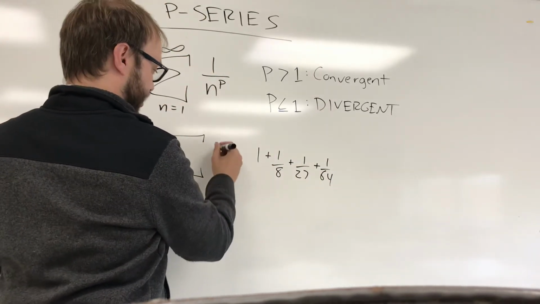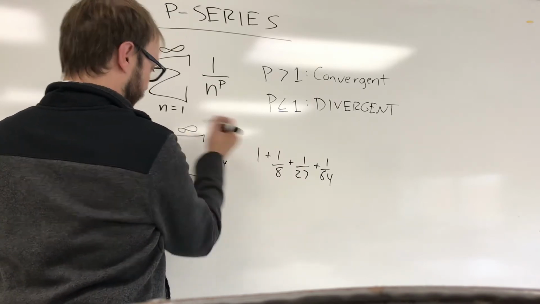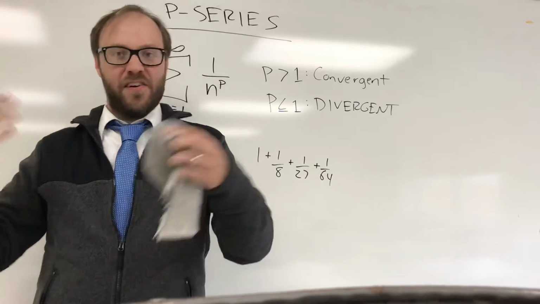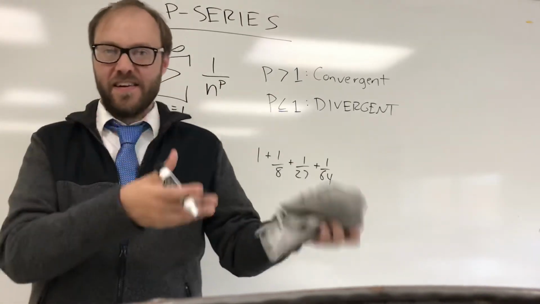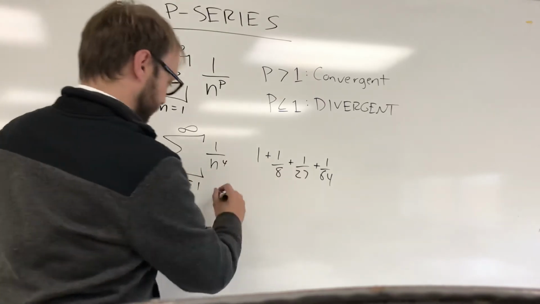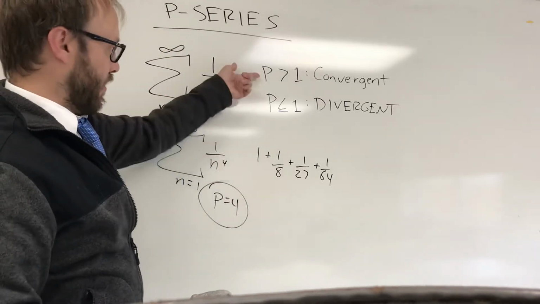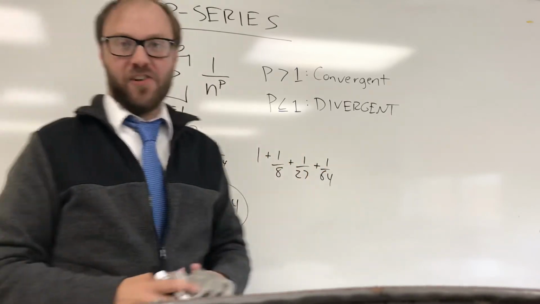We can say that the general term is 1 over n cubed, and we're starting out at 1 and we're going to infinity. And again, you can start at 0 and go to infinity, you can start at 7 and go to infinity. But the point is, because our p-value is 3 here, and our p-value is greater than 1, this is going to be a convergent series.